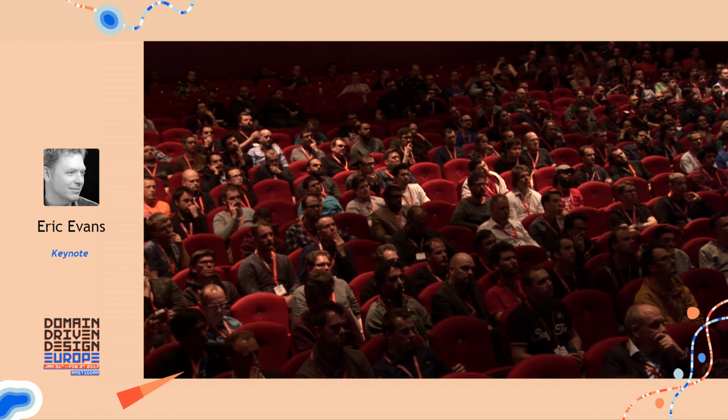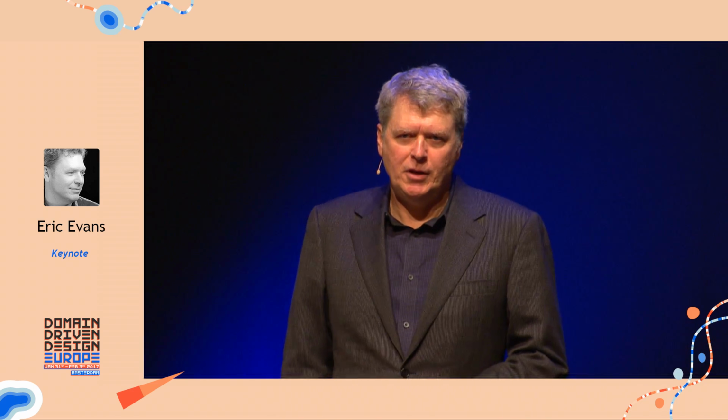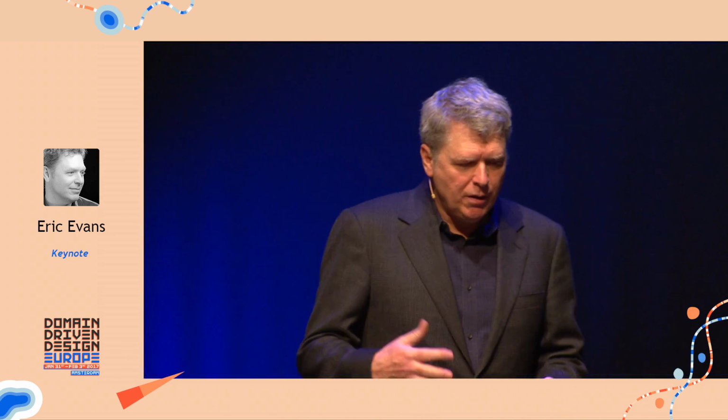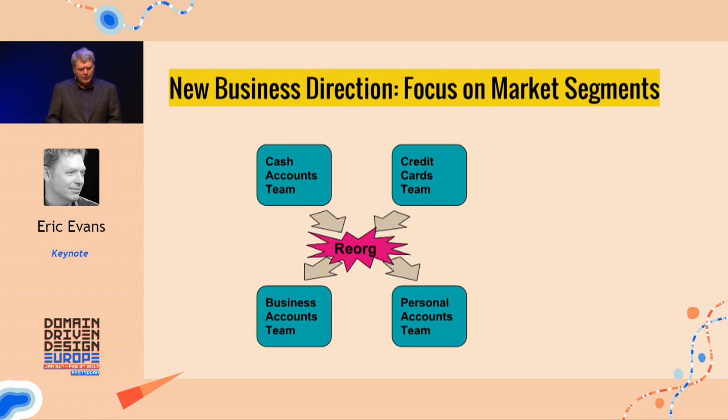But now, as tends to happen, there's a reorg. So the business says, well, wouldn't it be better to focus on the market segments? The difference between checking accounts or cash management accounts and credit cards isn't really the key to our business. The key is, for example, to address business accounts differently than personal accounts.